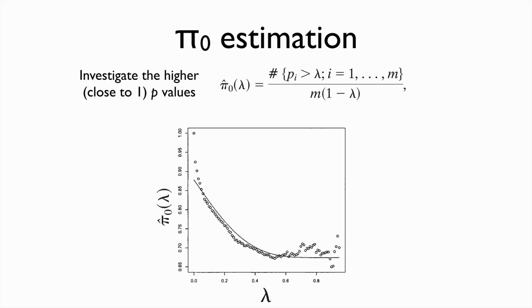In the paper, they show this by looking at the pi zero estimate as a function of lambda. And as they see, the higher the lambda they select, the more variance they observe, and that has to do with the sample size here.